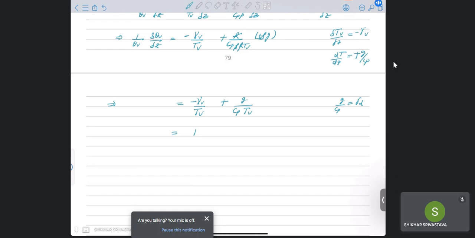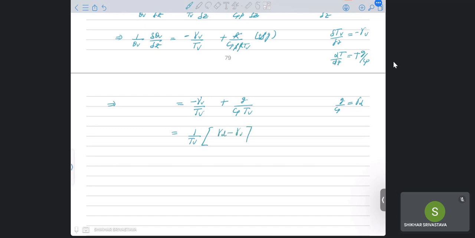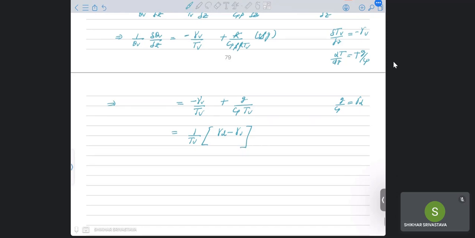And so we can take 1 by TV common, so what we'll get is gamma D minus gamma V. So this is what we are getting.